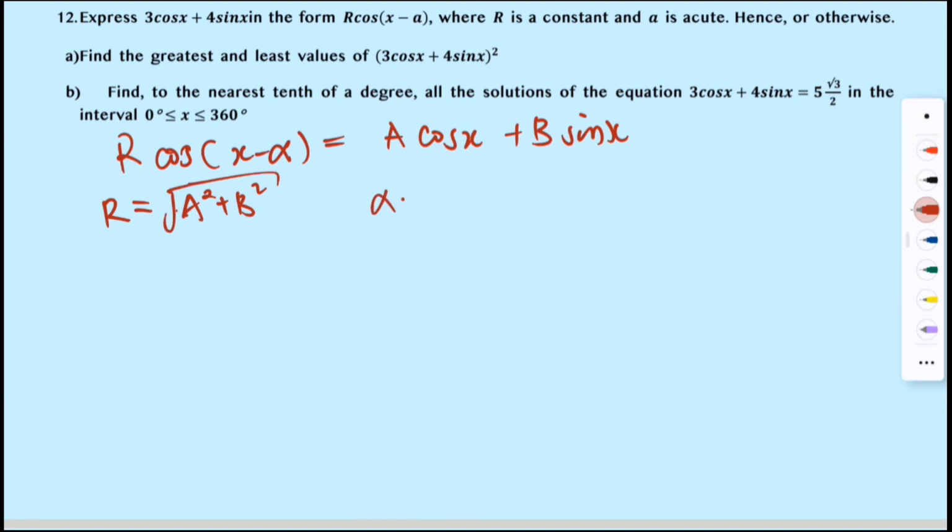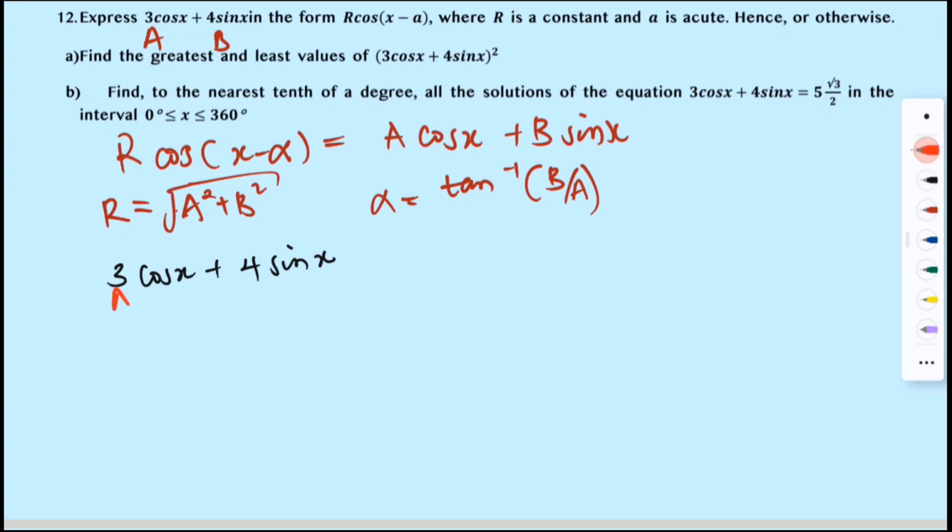And then alpha is going to be the tan inverse of b over a. Looking at our question, we can see that a is this and b is this. So I'm just going to rewrite that equation, 3 cos x plus 4 sin x, so that we can have it closer to us. This is a, this is b.